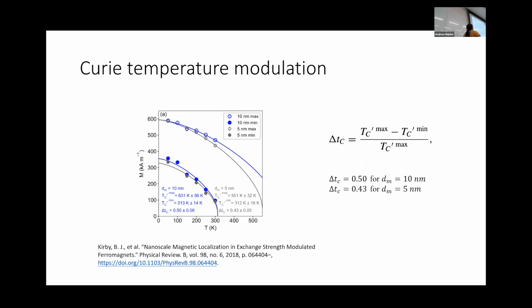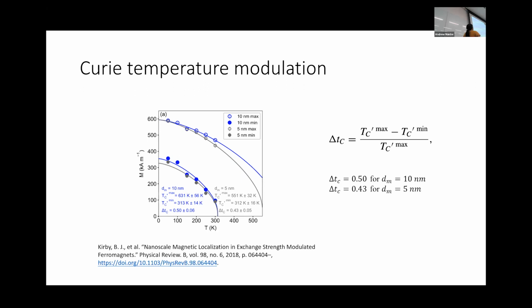This is the actual data measured from the previous setup. The gray one is the smaller, faster change one, and the blue one is the slower change one. Remember we have a V shape of the exchange strength.